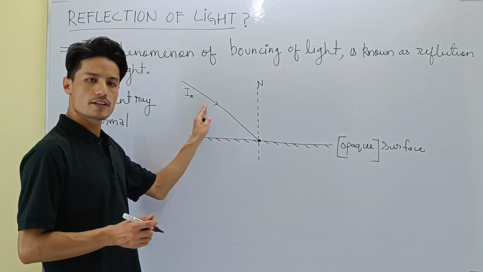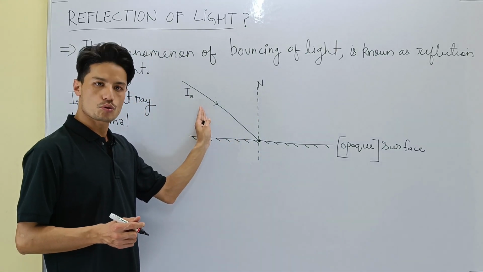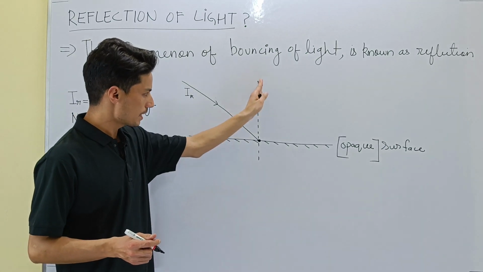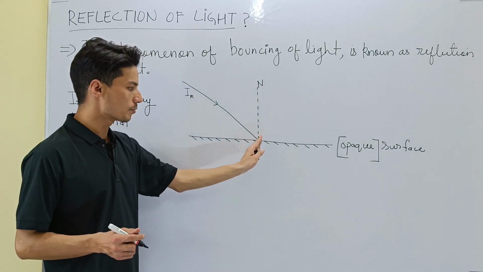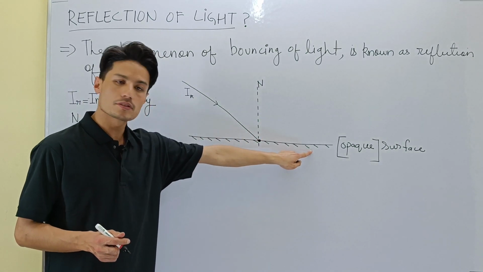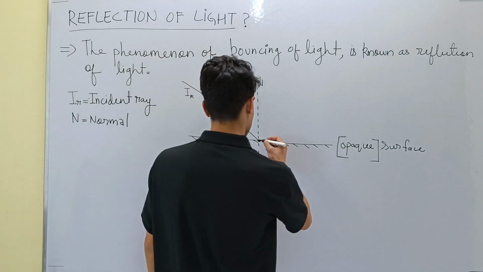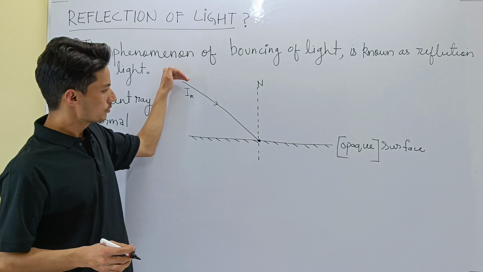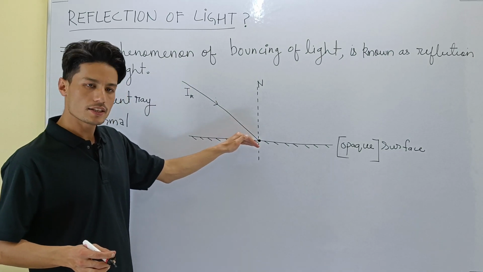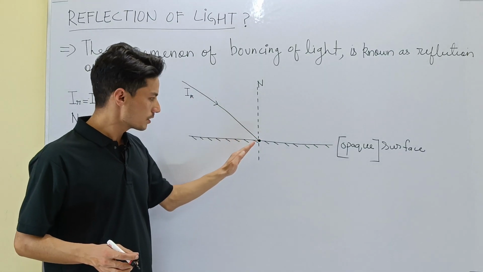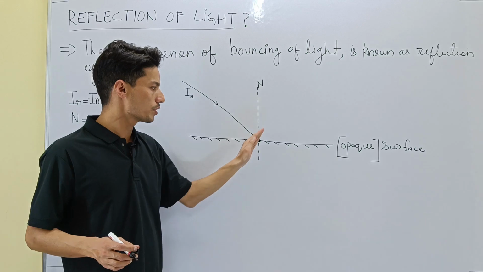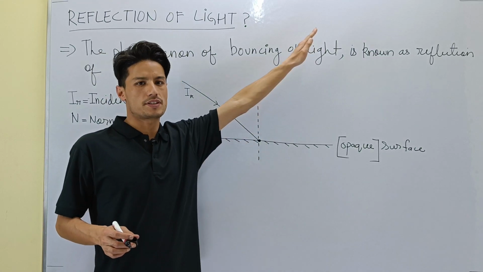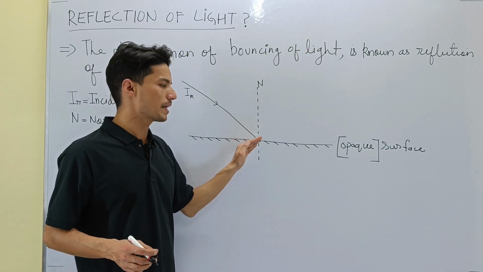So incident ray, the ray coming from the source of light, then we have an imaginary line which is called the normal, drawn perpendicular to the surface, and then we have the reflected ray. Light comes down, strikes the surface, and then after striking the surface it will reflect back to space.